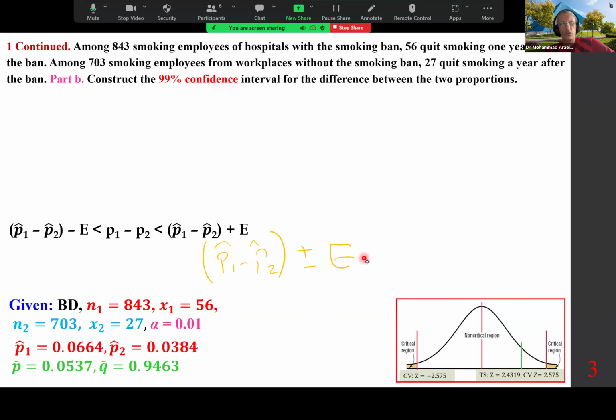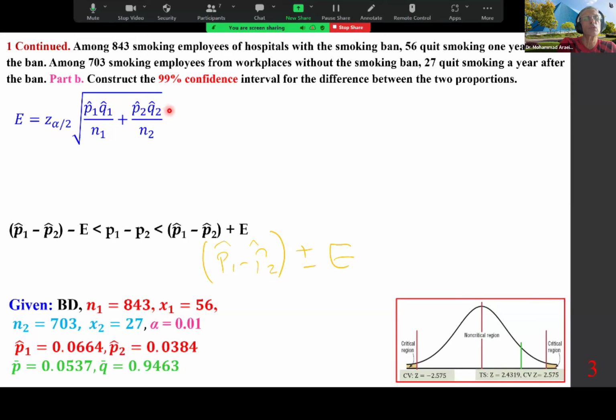So all we have to do is calculate the E, because we have P1 hat and P2 hat. It's easy to subtract one from the other. And E has a formula similar to what we have seen for one sample, which is z times the square root of P1 hat Q1 hat over N1 plus P2 hat Q2 hat over N2. Take a look at this formula. All you have to do is plug in the numbers here.